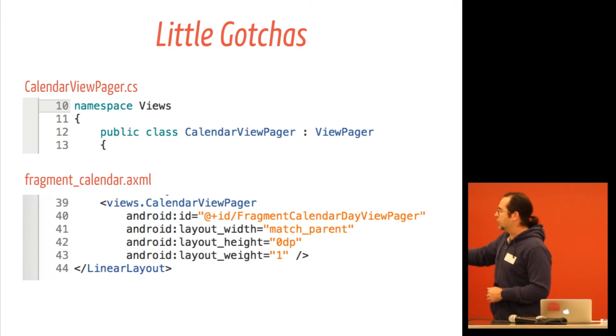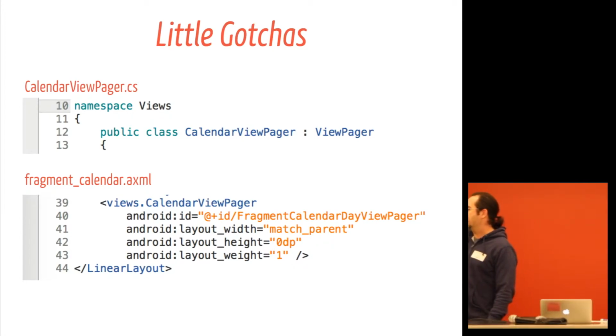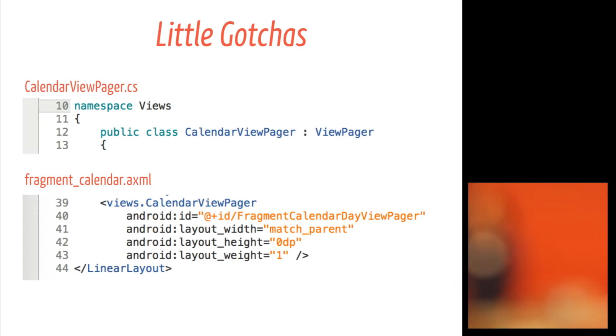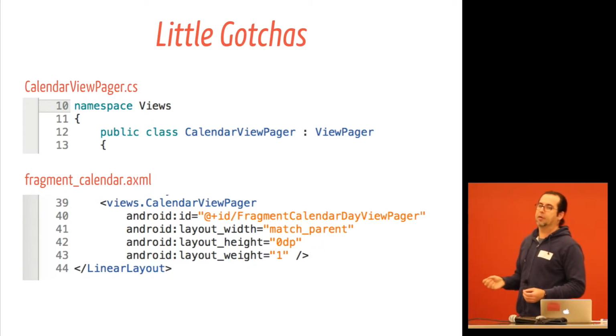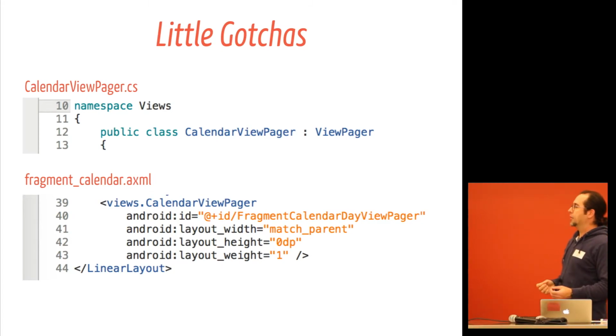In Android, you put that into your XML file by doing package name dot class name. In Xamarin, instead you have the namespace dot the class name. But the little gotcha here is that the namespace has to be lowercase, even though it's uppercase in the C# file. That's the kind of thing you run into all the time when you're doing Xamarin coming from the Android world. So you just have to be aware of that, and every day you're going to see something like this, and over time you get used to it.